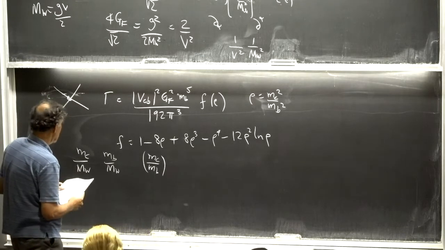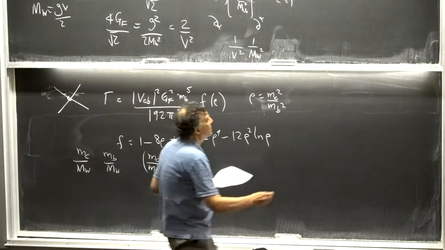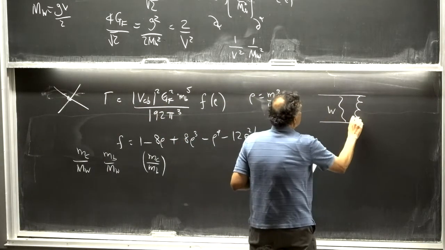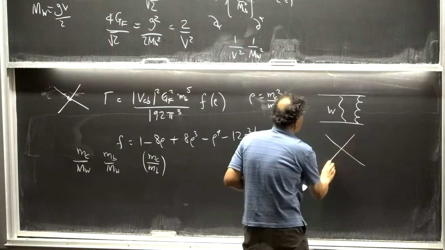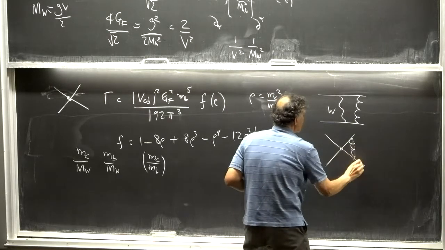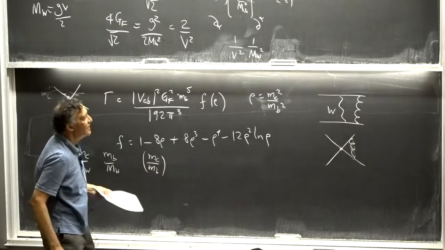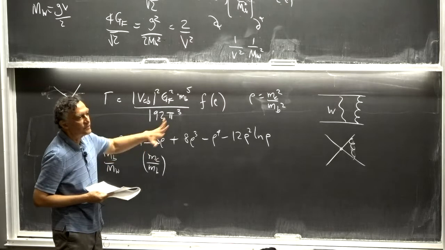OK. Now, at this level, it looks trivial. But when you start doing higher order corrections, so you have a W here, and now you stick a gluon there. In the EFT, the corresponding calculation is going to be a radiative correction to a 4 fermion operator. And once you start putting in alpha S corrections, the EFT method is far, far easier to do.